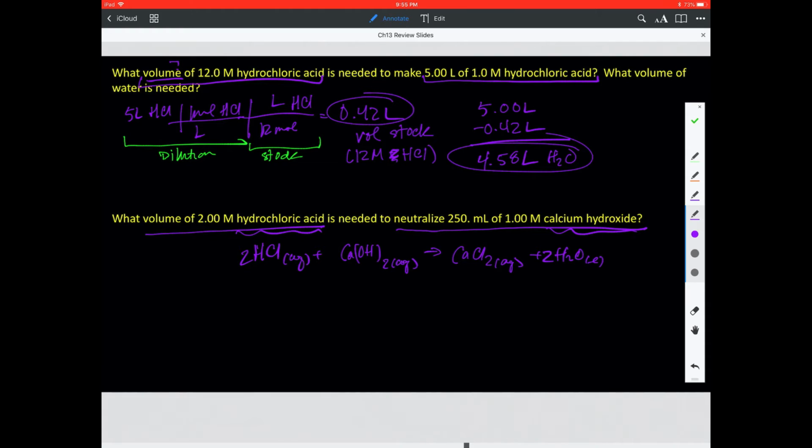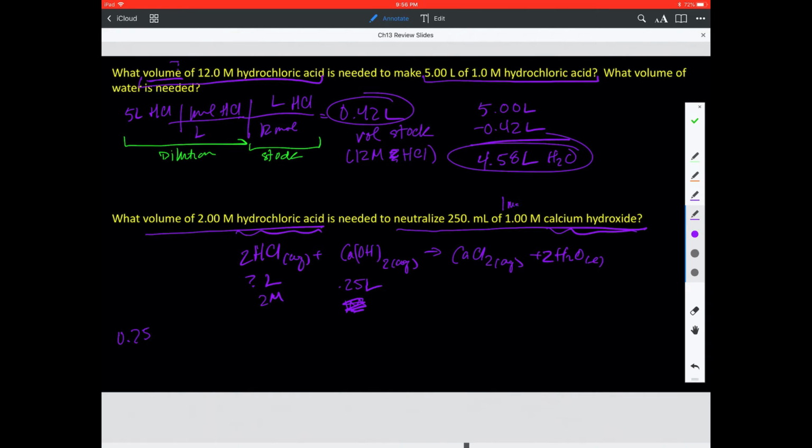So I would like to know the volume of HCl, which is 2 molar, needed to neutralize 0.25 liters of 1 molar calcium hydroxide. We are going to start with our 0.25 liters, and again, these molarities, if that is confusing, stop and rewrite them.